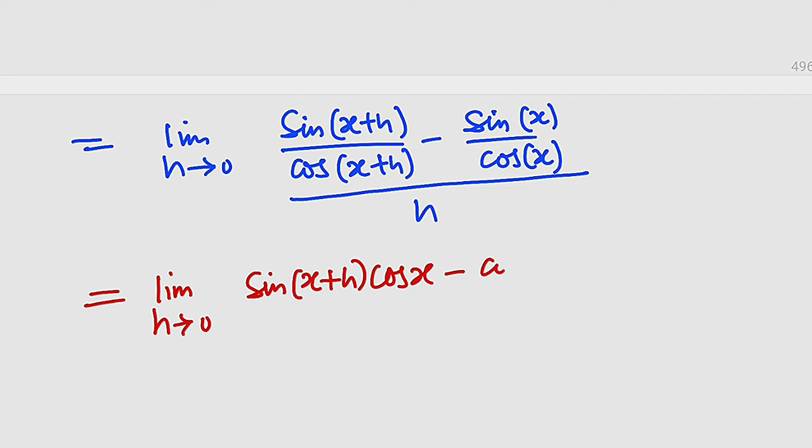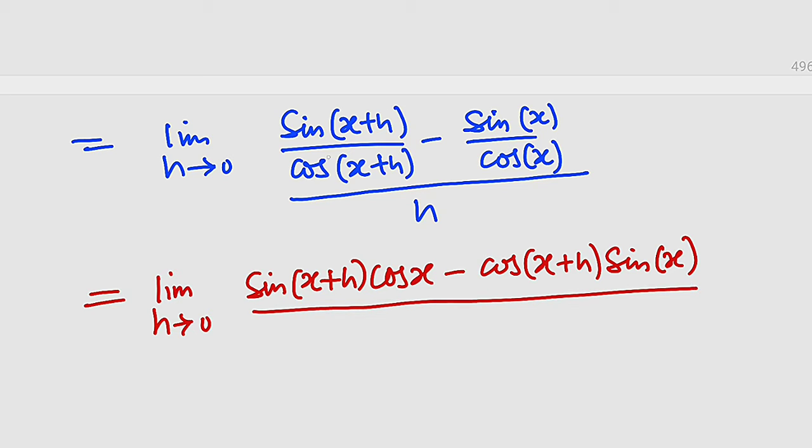So it will be cosine of x plus h multiplied by sine of x, divided by the product of these two. We're going to multiply them together. So it will be cosine of x plus h, then multiply by cosine of x.